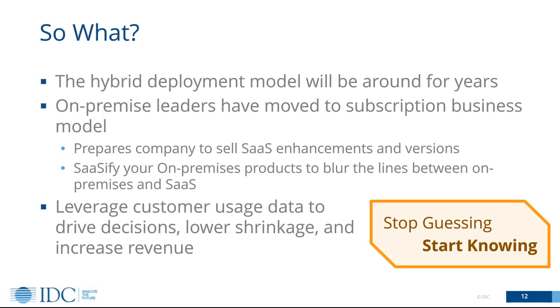And to do this, you want to leverage customer data to drive those decisions, lower shrinkage, and increase the revenue. One of the fun things to say is stop guessing how much you think somebody's going to like that or how much somebody is going to use this, and start knowing, because the nice thing about today's connected cloud-based architecture is that you can know this type of stuff.